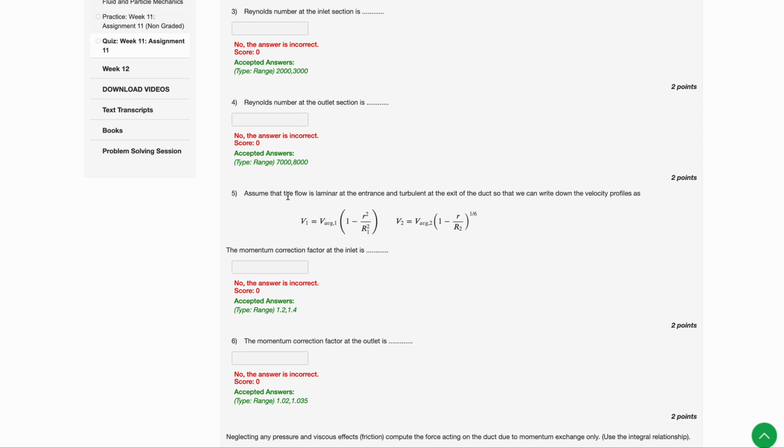So these are the two velocity profiles given at the inlet and the outlet.